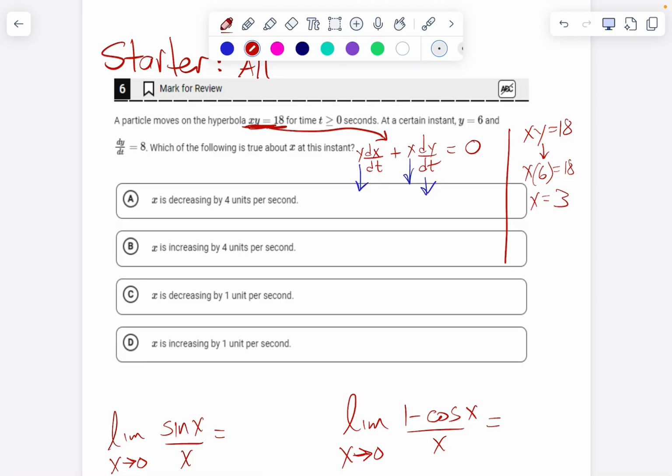So we're going to get 6, and then I'll just leave that. 6 dx dt plus 3 times 8, not 2, equals 0. Okay. And then just divide, and we'll get dx dt is negative 4.